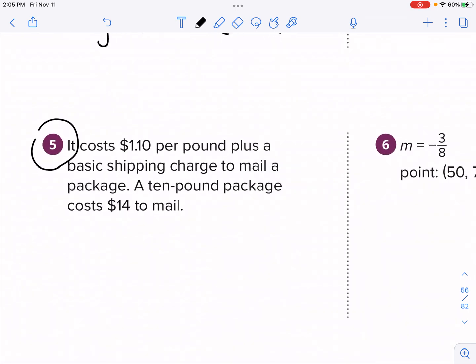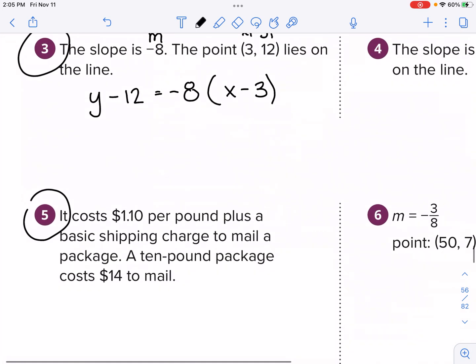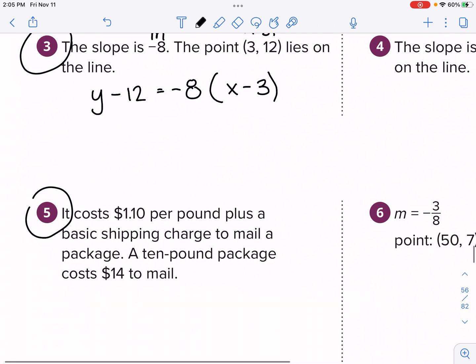Okay, so number 5, it says it costs $1.10 per pound plus a basic shipping charge to mail a package. And then the other piece of information, it says a 10-pound package costs $14 to mail. We want to convert this to the information we have for number 3.